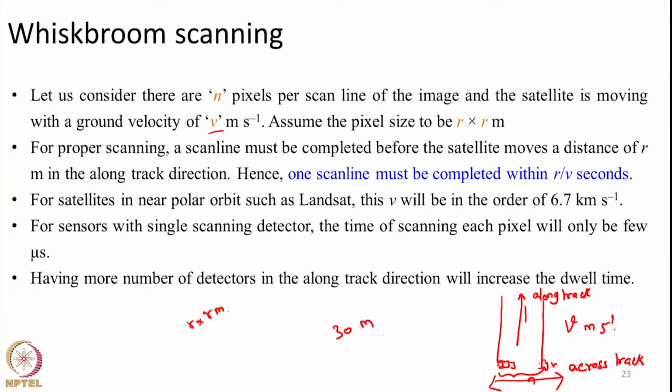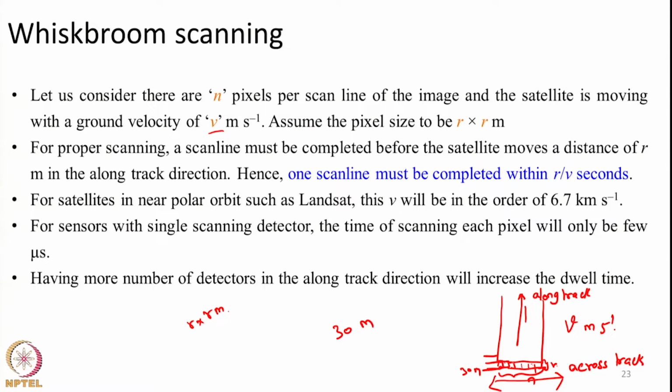So, the entire scan line along this across track direction must be scanned completely before the satellite moves a distance of 30 meters, from this point to here. The scan line must be completed before the satellite reaches the next 30 meters, then only there will not be any data gaps. Else, if the satellite is moving at a faster rate than the scanning rate, then some pixels here will not be scanned properly.